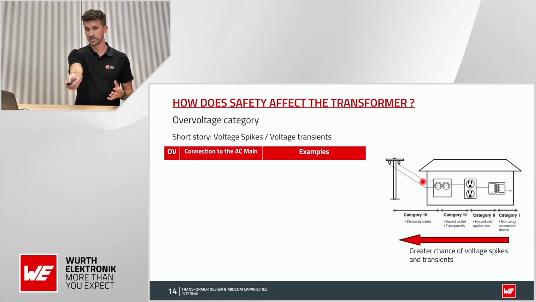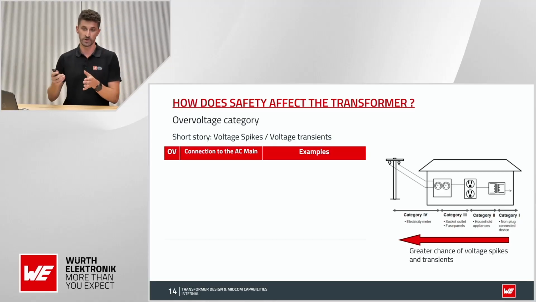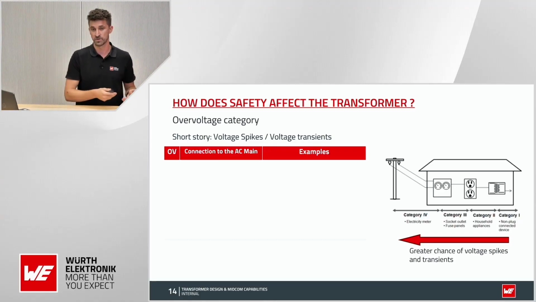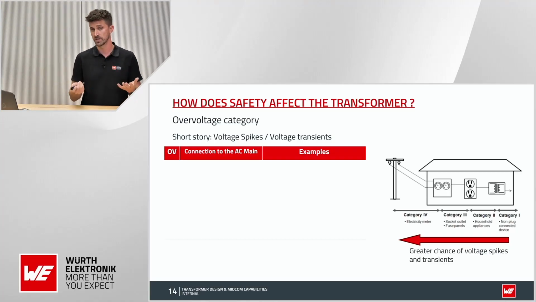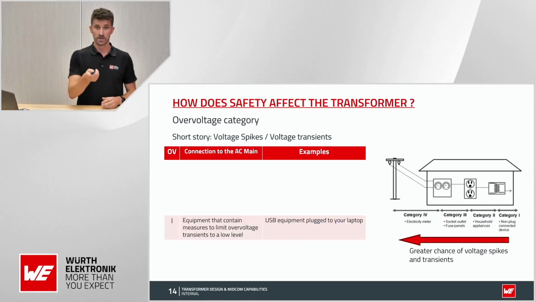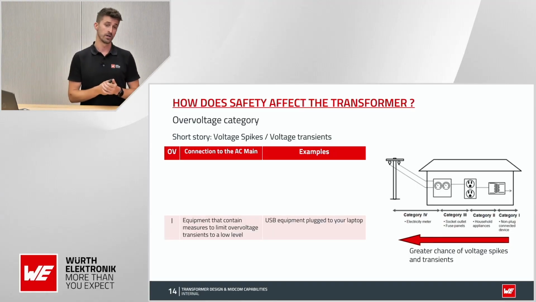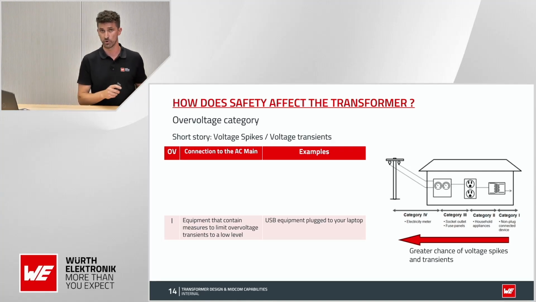Increasing the overvoltage category means that we have greater chances of voltage spikes and transients, because we are moving closer and closer to the grid, and there are fewer stages of conversion and stability, and therefore also the safety needs to be adapted to this. So just some examples. In overvoltage category 1, we are dealing, for example, with USB equipment plugged to your cable. So we have a low voltage, we have a lot of stages of rectification before, and then the chances of voltage spikes are very low.